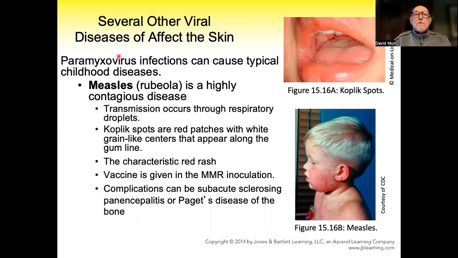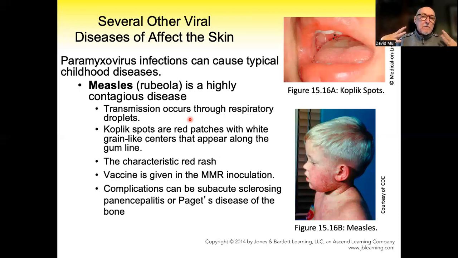And this is a group of viruses called the paramyxoviruses, which cause several childhood diseases. The most important one of all is measles. And measles is also called rubeola, because the rash that measles is named for, the actual measles, causes reddening of the skin.